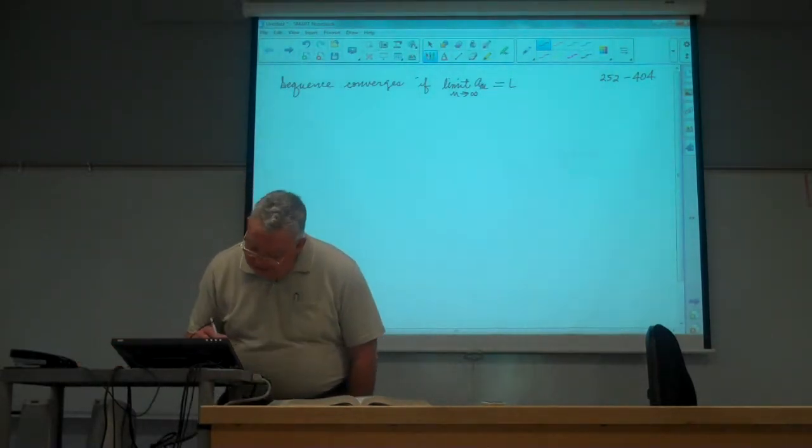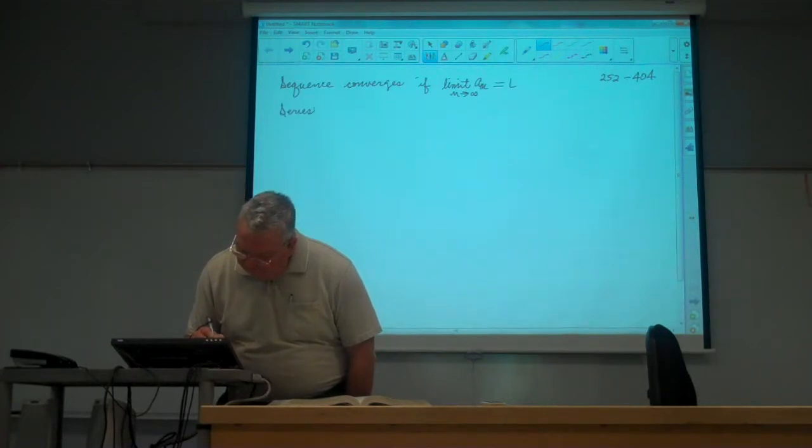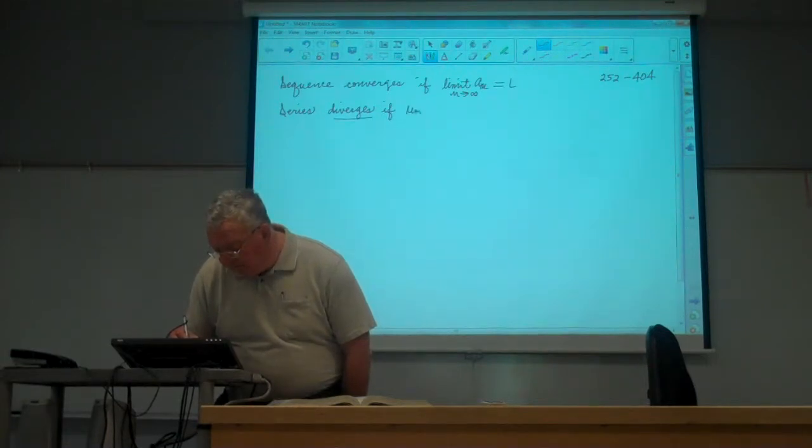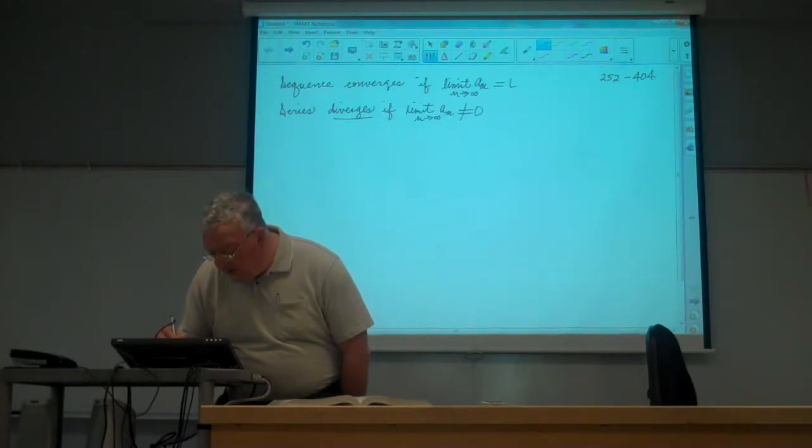But a series diverges if the limit as n approaches infinity of a sub n is not equal to 0.